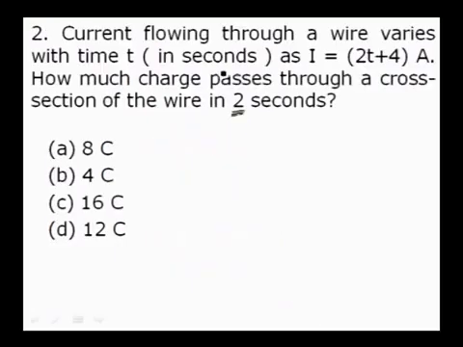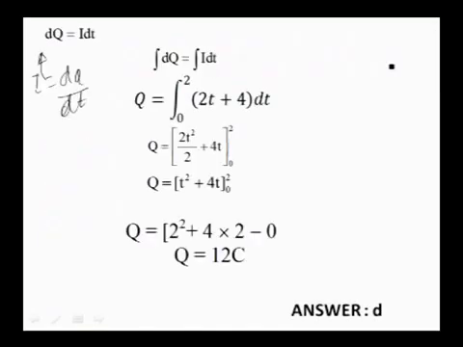The I value given in the problem is I is equal to 2t plus 4, which I substitute into the integral with dt.